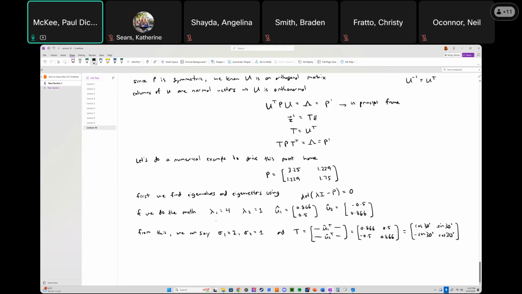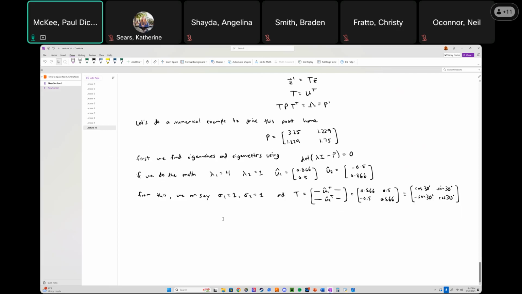So that is to say that in the principal frame, we've got an x-axis standard deviation of 2 and a y-axis standard deviation of 1. That's our sigma value. But then the difference between our principal frame and our actual frame, the starter point, is this 30-degree rotation.